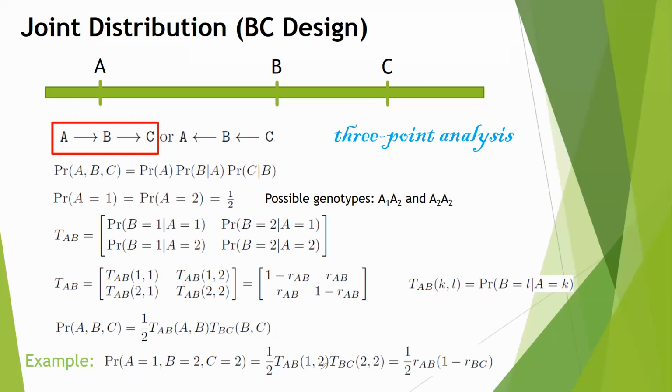Now, given B equals 2, if you see C also takes the genotype 2, which means there's no crossover between B and C, right?